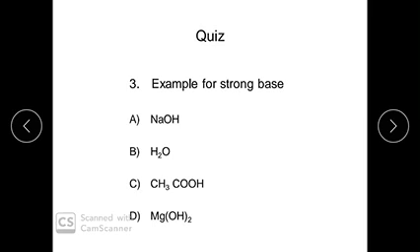H2O is having amphoteric nature. CH3COOH is a weak acid. Magnesium hydroxide is a weak base. But here the right answer is A, sodium hydroxide, a strong base.